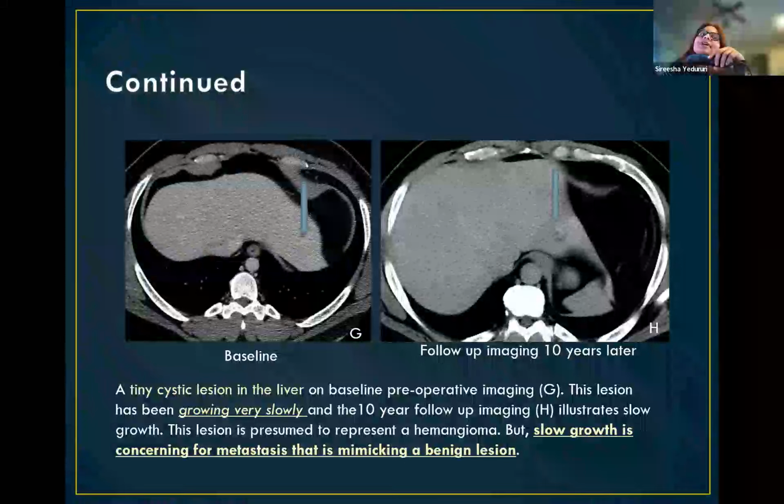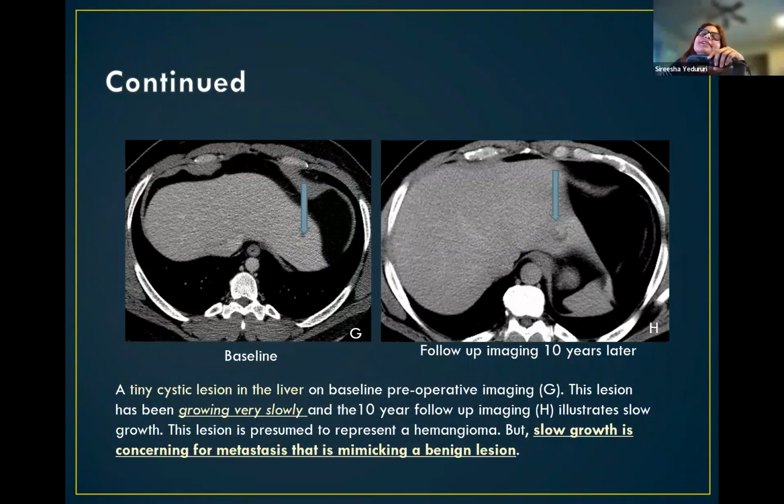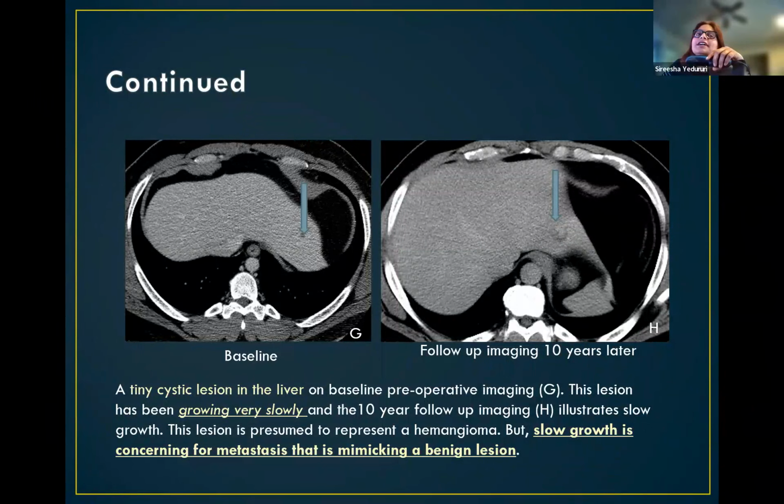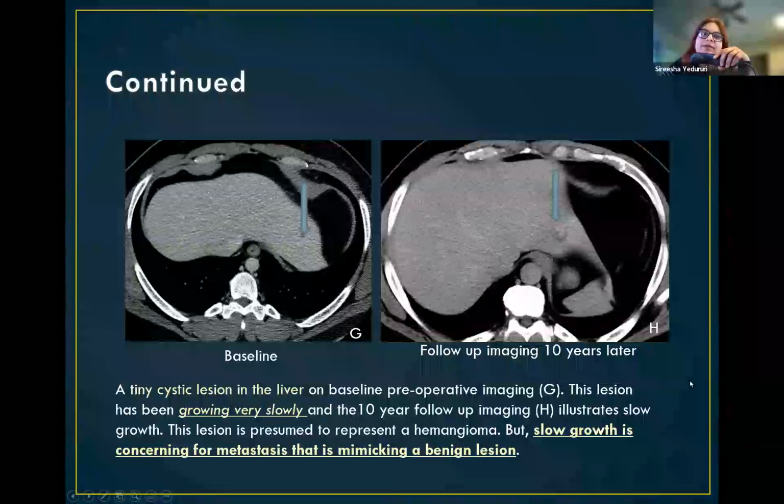Radiologically, it has sometimes been called a hemangioma, but this slow growth is, to me, concerning for a metastasis. But again, these patients show slow growth and sometimes we may not be able to prove it. So we'll keep following, but at this time, the patient is being observed.